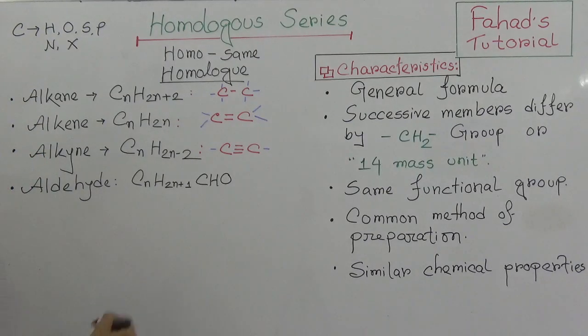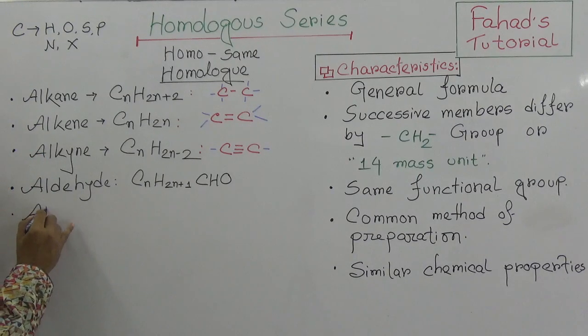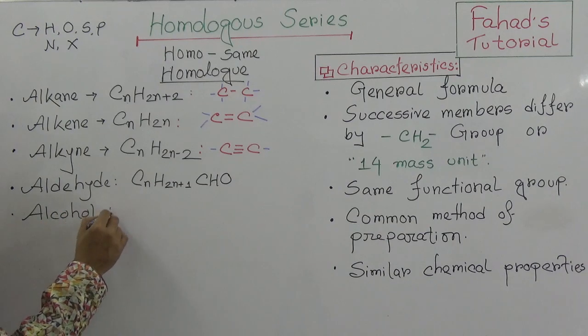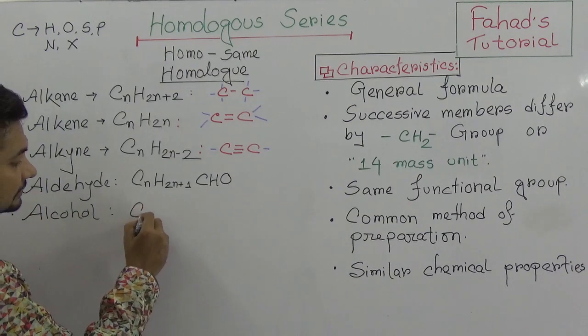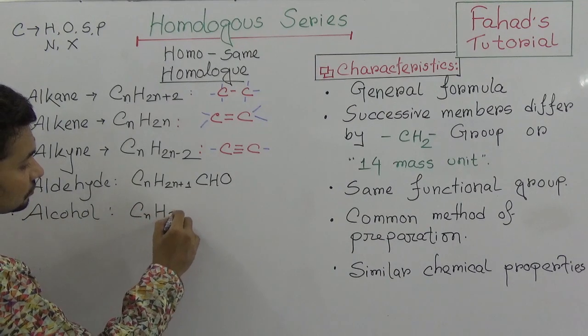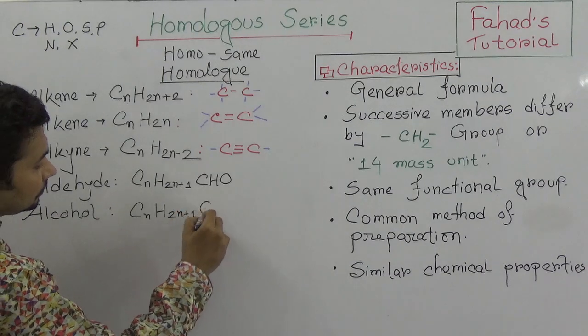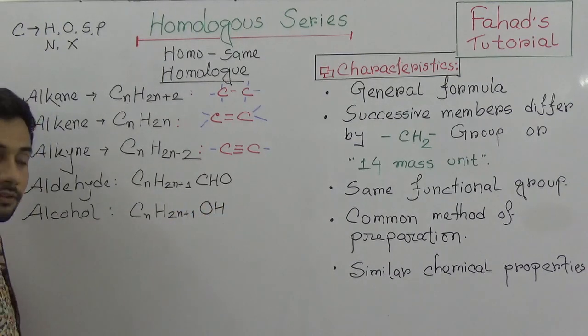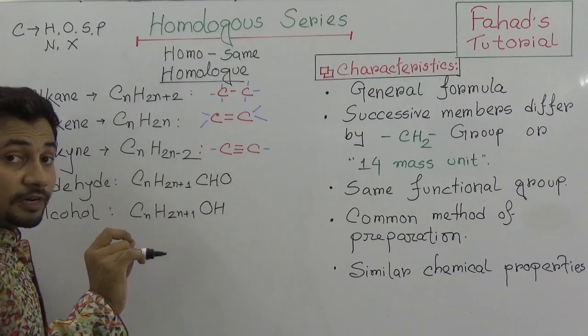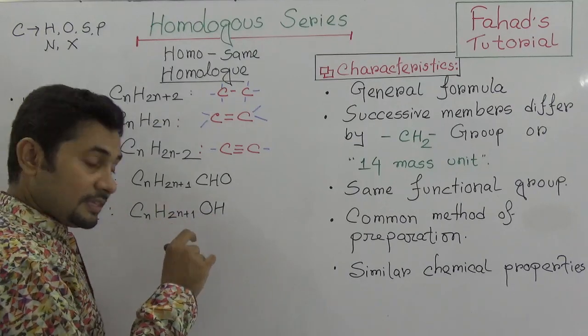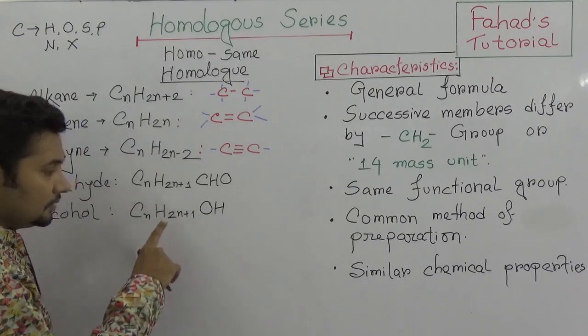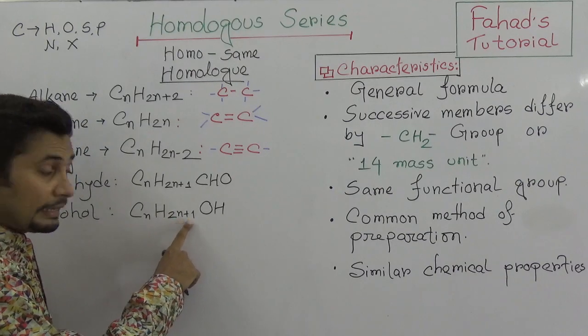In case of alcohol, you see that CnH2n+1 OH. So OH is the functional group for alcohol. So whenever we see that number of carbon is 1, so it should be 2 times 1 is 2 and then 1.